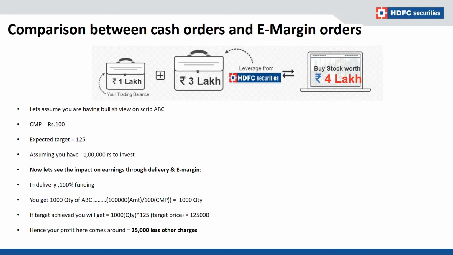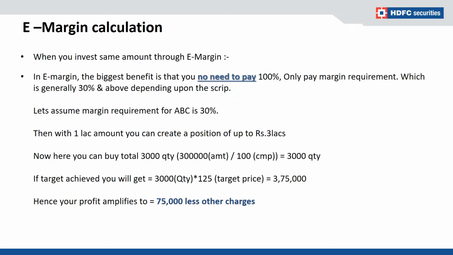On the contrary, if a customer takes a position in e-margin, he simply needs to pay a margin, maybe 30%, 35%, depending on the scrip. Assuming the same scrip ABC, the initial margin requirement is 30%.